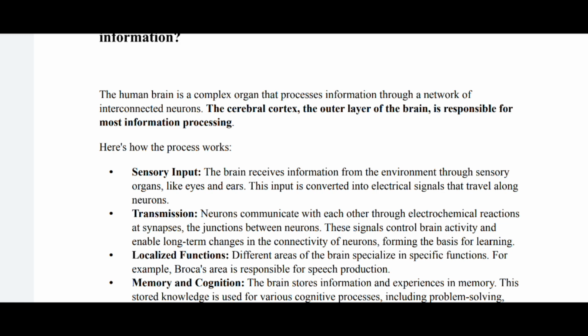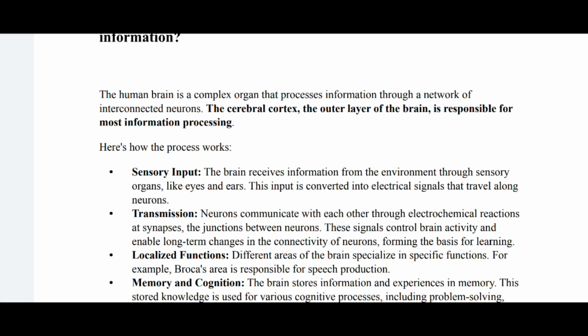The human brain is a complex organ that processes information through a network. It holds a very large amount of data and processes information through a network of interconnected neurons. Billions of neuron cells combine to form this network.